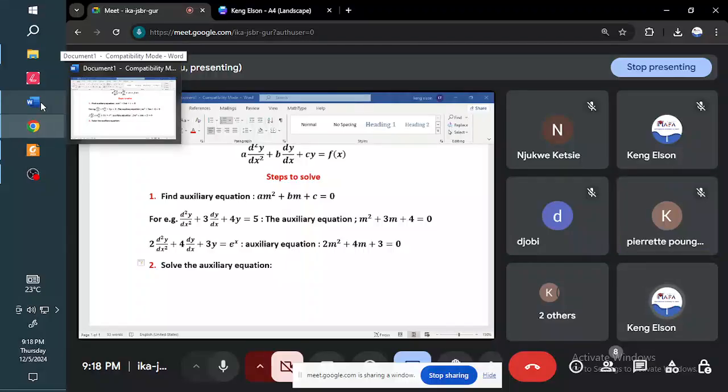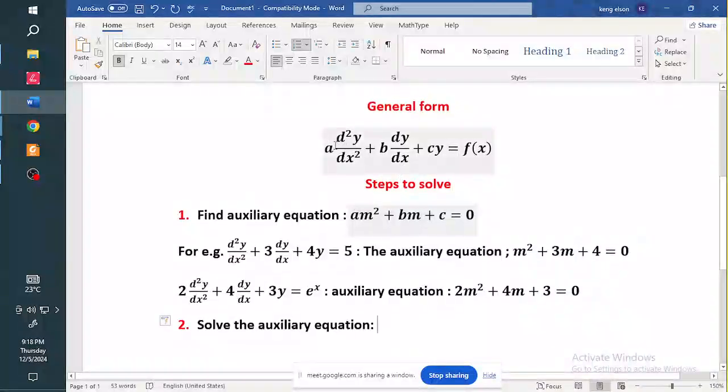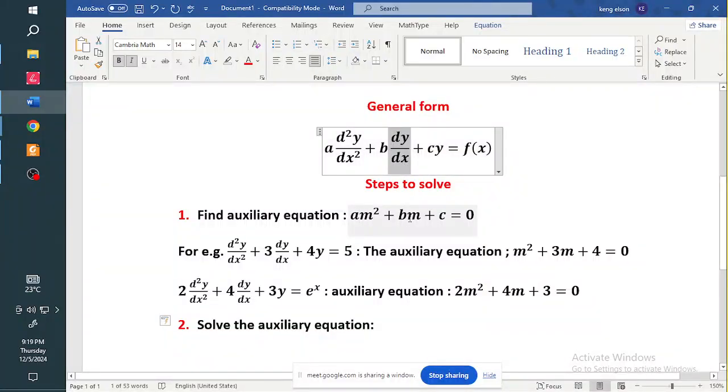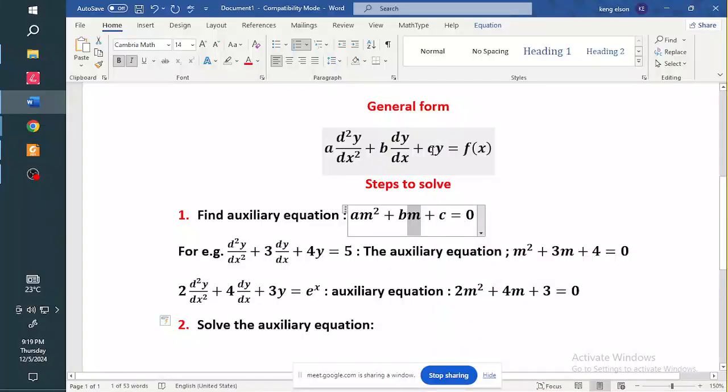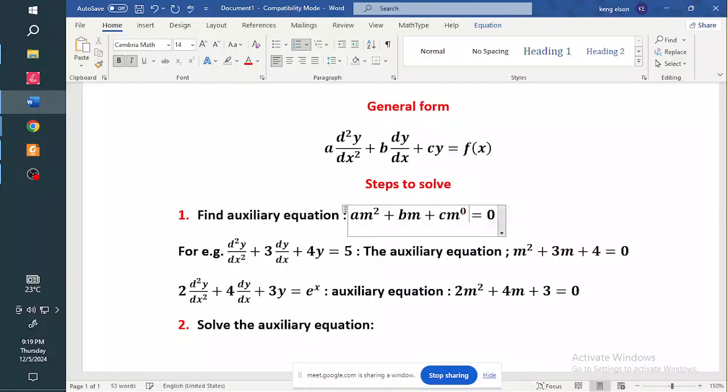You're just supposed to state it, and to state it, all you have to do is replace d squared y by dx squared with a parameter squared, replace dy by dx with that parameter, and replace y itself with the parameter to the power 0, which will just be 1, and you get the auxiliary equation directly.